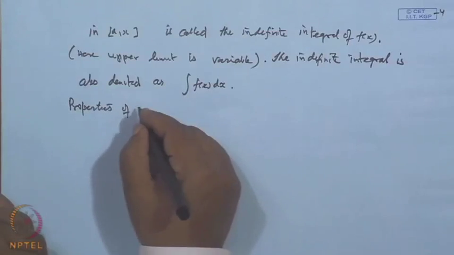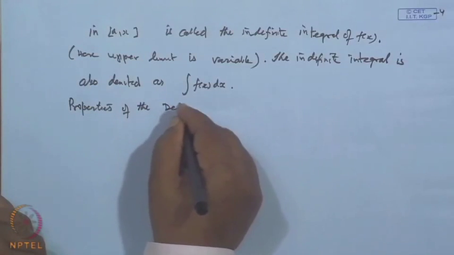So, the properties already derived for the Riemann-Stieltjes integral will continue to hold in the case of the definite integral. We will simply state those results without proof. So, properties of the definite integral.